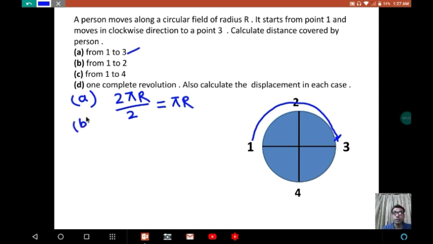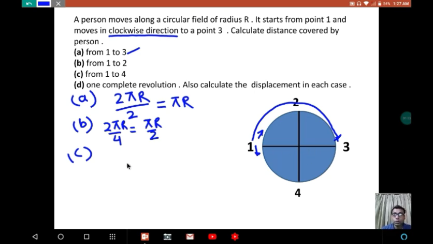In the second case, 1 to 2 is a quarter part, so it is again 2 pi r by 4, which is equal to pi r by 2. In the third case, 1 to 4, we can take it like this or like this, but in the problem it is very clear that the person is moving in the clockwise direction.